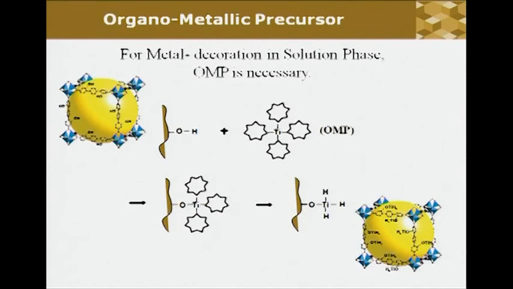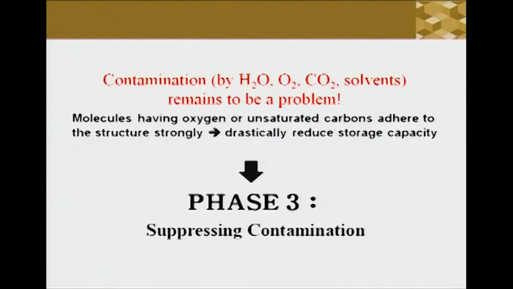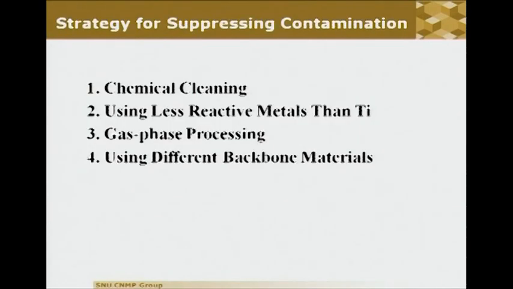The additional H2 molecules can be attached via Kubas interaction around here. That's the hydrogen we can use for the practical purpose. And this is the sample, but still contamination is a big problem, so we have different strategies, but I would skip all this.